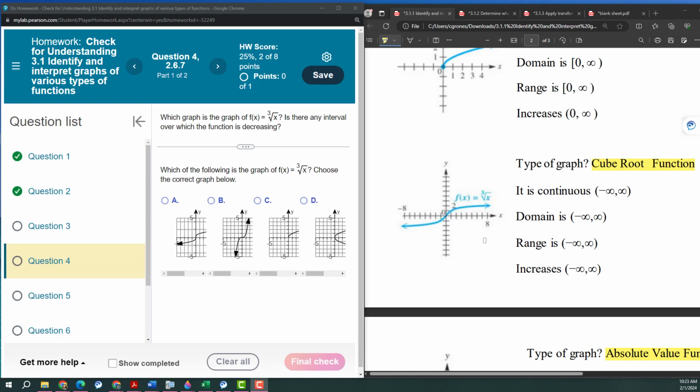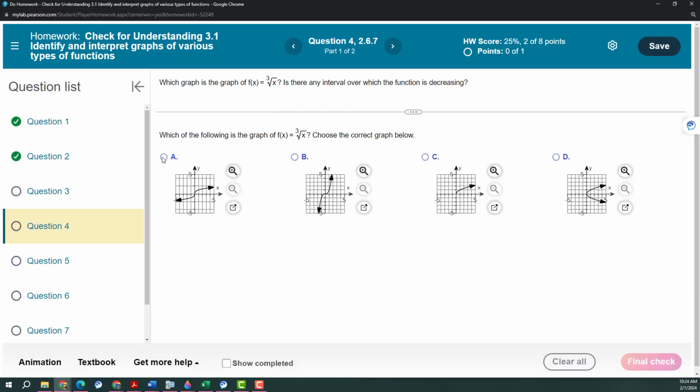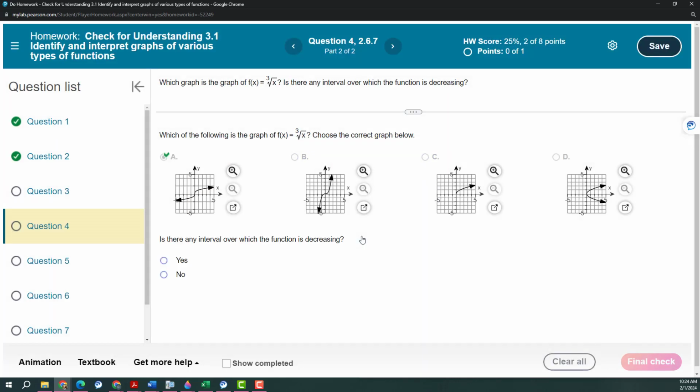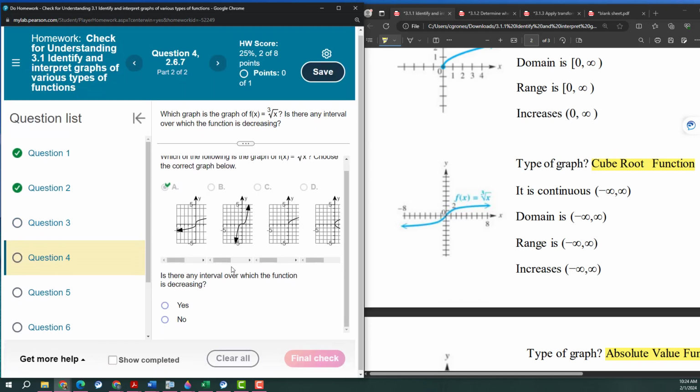It's the cube root function, and so our parent graph is going over the origin. So let me make this bigger, and it looks like we have letter A.